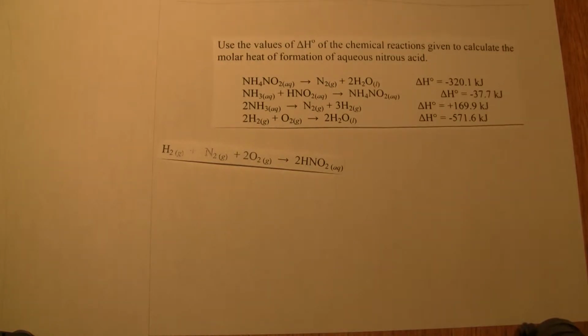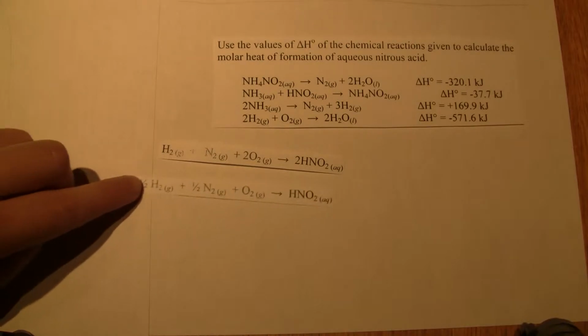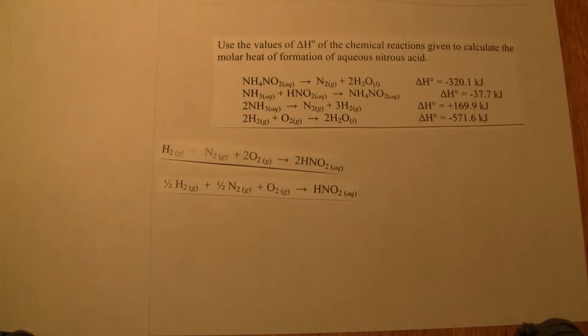However, the molar heat of formation refers to only 1 mole formed of nitrous acid, and so just by dividing the first chemical equation by 2, we derive the equation for the formation of 1 mole of aqueous nitrous acid.